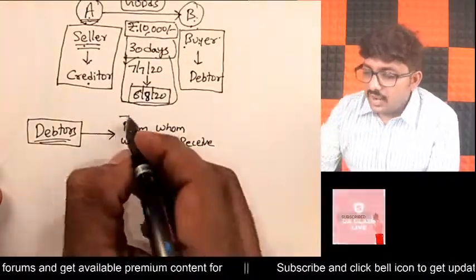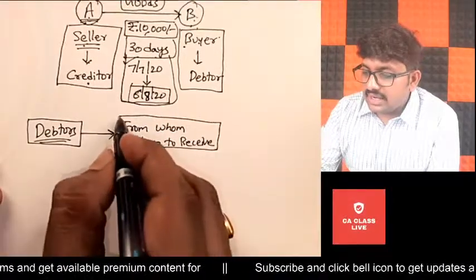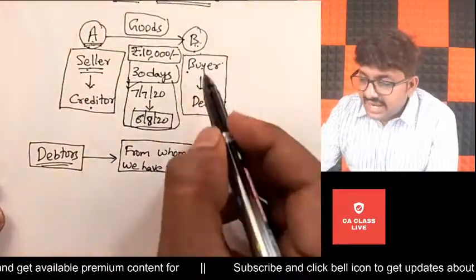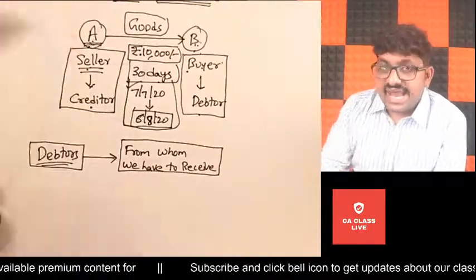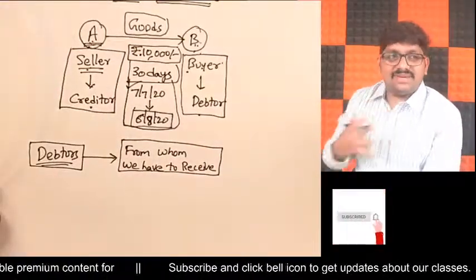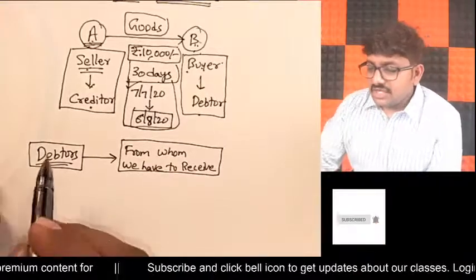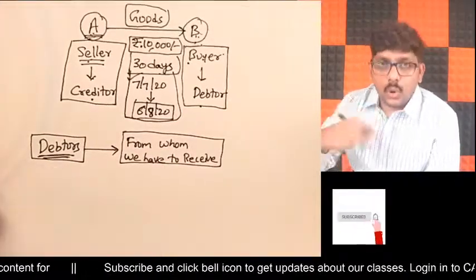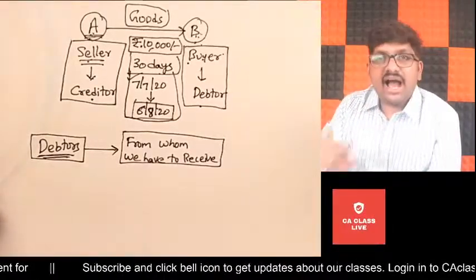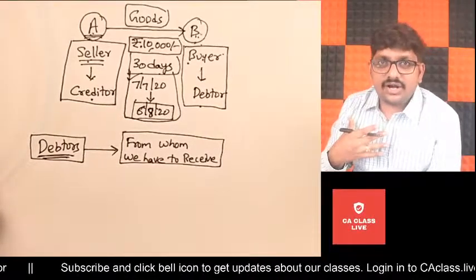Got it? Now, as I told you in my earlier case, B became a debtor for A, because A has to receive money from B. So, in simple terms, debtors are those from whom we have to receive the money. Got it, my dear friends?